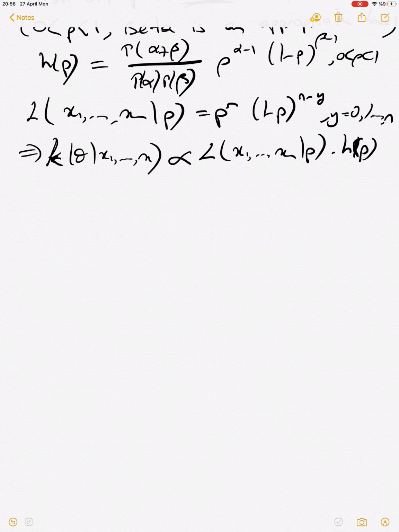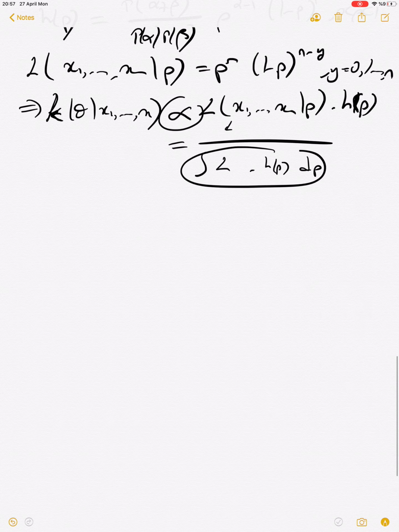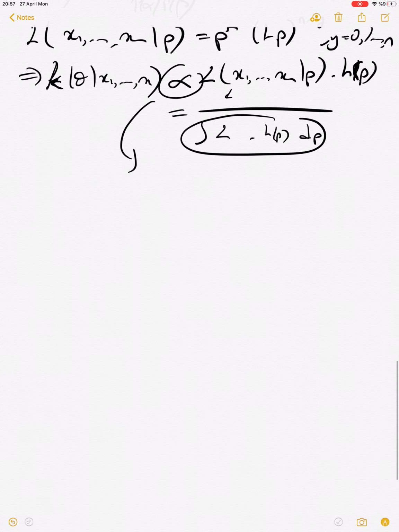If you don't want to use this approach, use equality and write the same thing here, and you have to integrate the same thing for p. Okay, so we don't want to do this calculation and use the proportional approach.